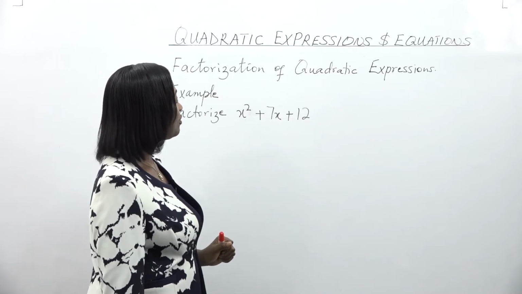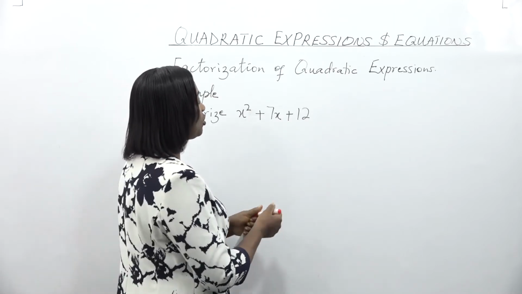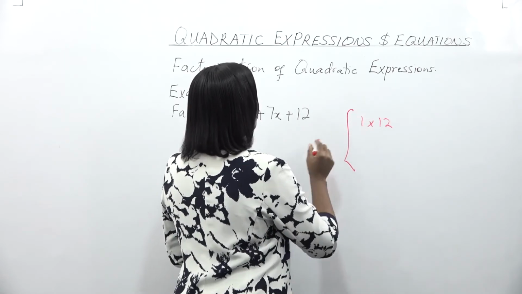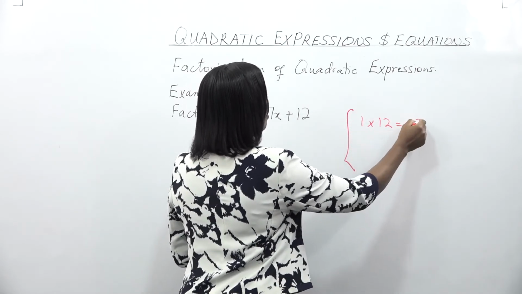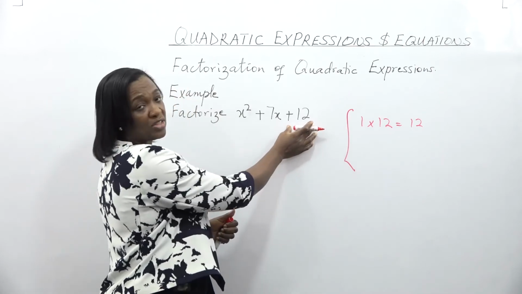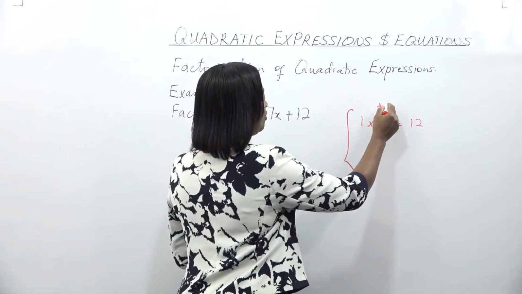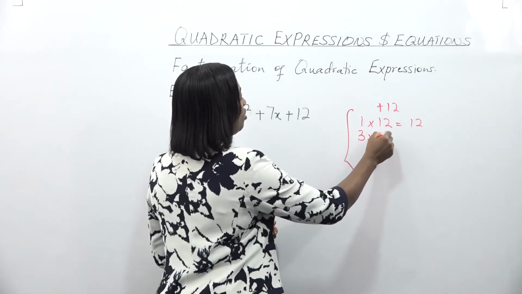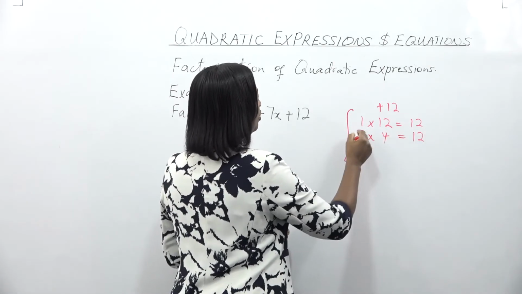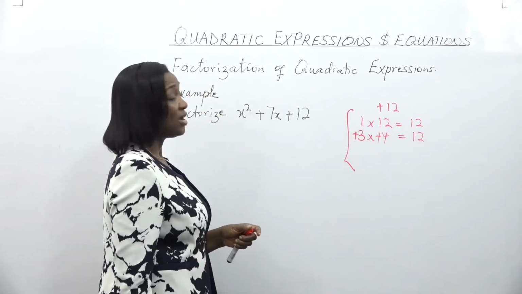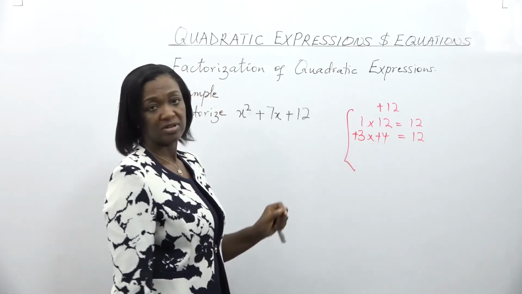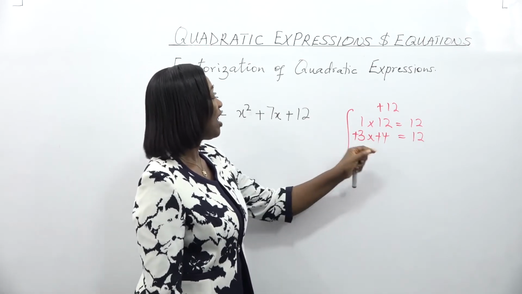So possible factors of 12 are 1 times 12, but we're looking for factors of positive 12. 3 times 4 is 12, both positive, and 3 plus 4 will give us 7.